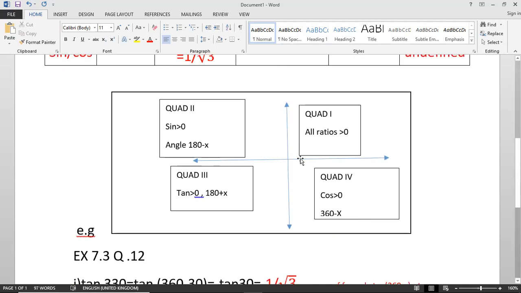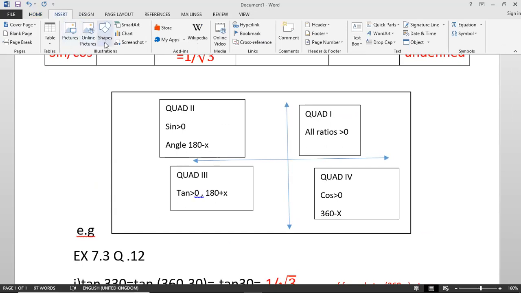If you look at the diagram, if we start making an angle right here and it takes 1 revolution, that is 360 degrees. After 360 degrees, you come back to the origin at the zero position.